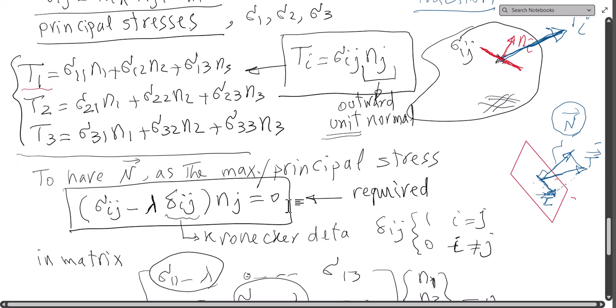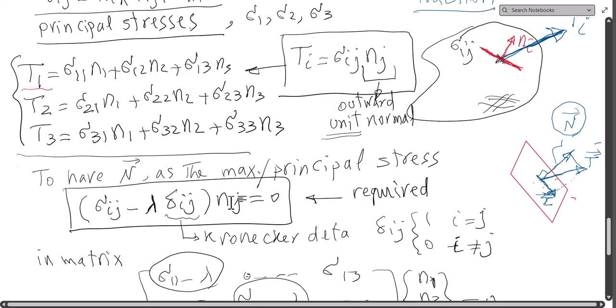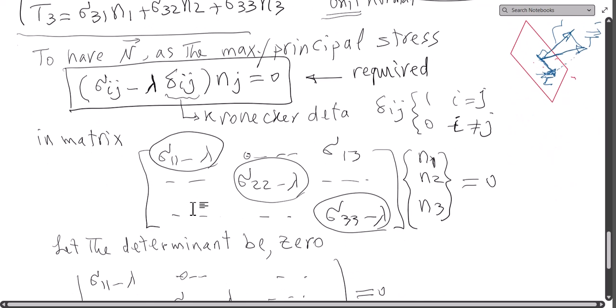Now, once you look at this, you realize that it has an immediate solution. If you put n equal to 0, all of the components of n, the outward unit normal, this is satisfied. But we are not interested in that.